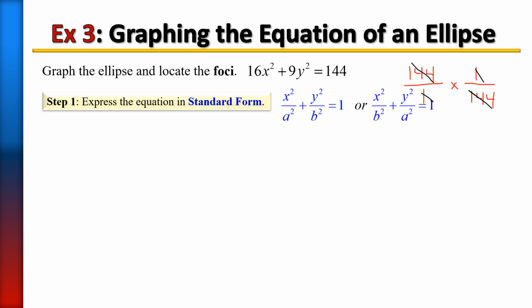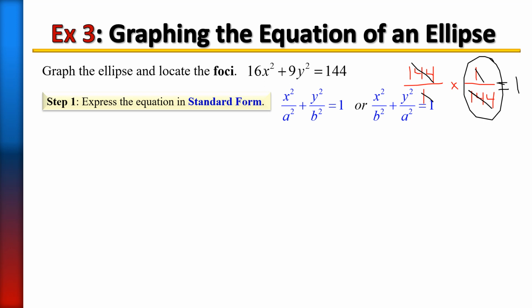Remember, when things cancel, they cancel to 1. So in order to get the right side to equal 1, we're going to have to multiply by 1 over 144, the reciprocal of that right side.